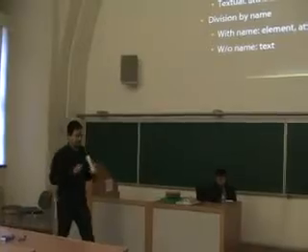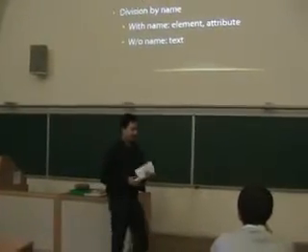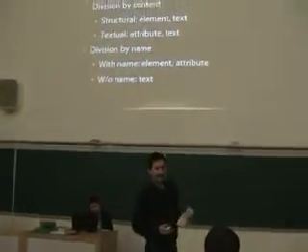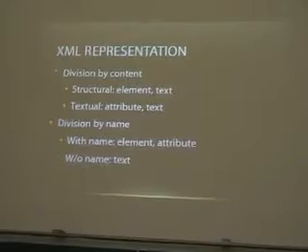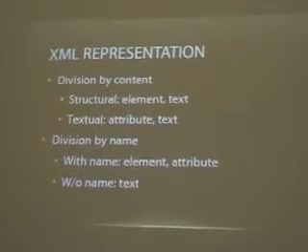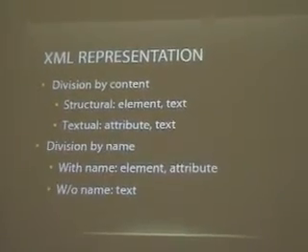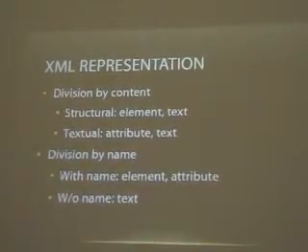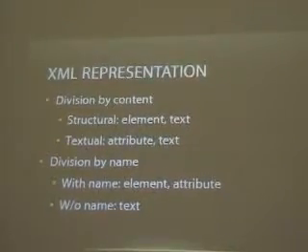We need to represent XML documents, which basically are trees consisting of 3 kinds of nodes: elements themselves, attributes, and text nodes, text data. We divided these 3 types of nodes in 2 divisions. The first division is whether they do or do not have content.